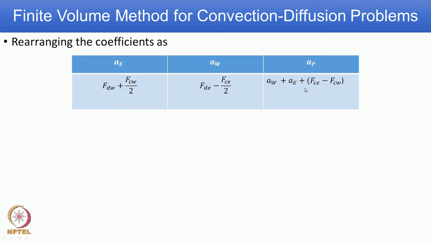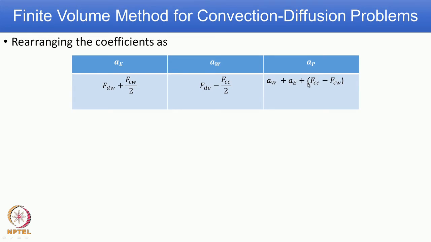In essence, if you have written a code for a diffusion equation and now want to augment it to include the convection term, all you have to do is add these extra terms for AP and for the respective neighboring nodes, in this case AW and AE. This is how the code is developed from one module to the next.